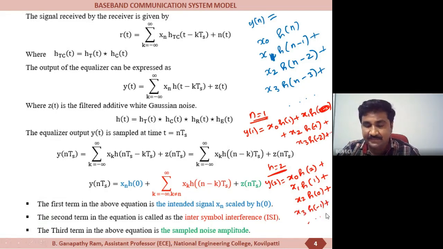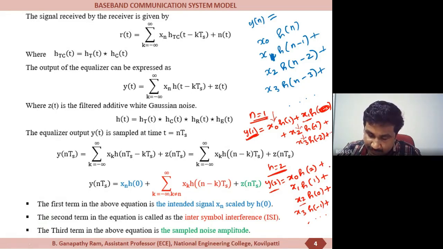Actually, for y of 1 at n equal to 1, we need to receive x1 alone. At y of 2, we need to receive x2 alone. But at the instant n equal to 1, we are receiving x0, x2 and x3 also.